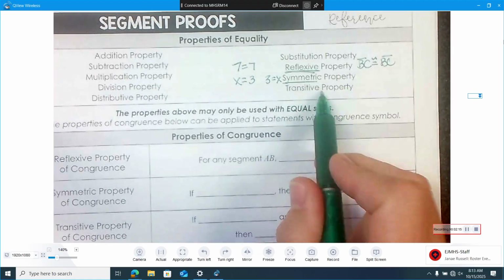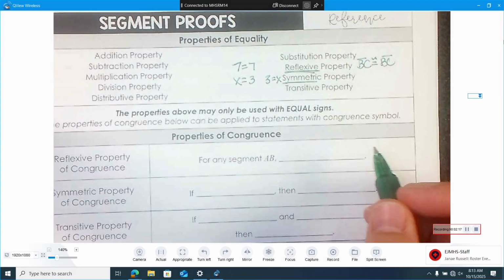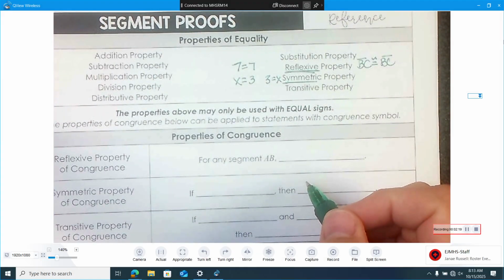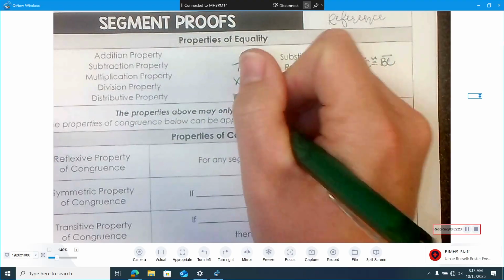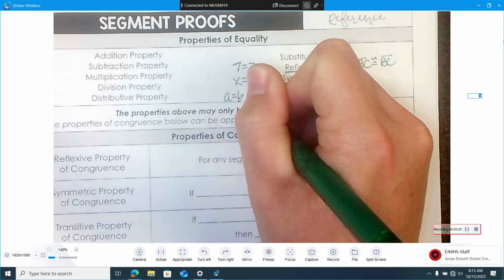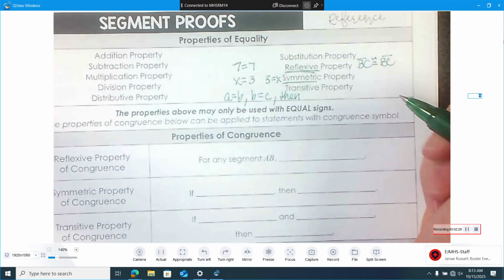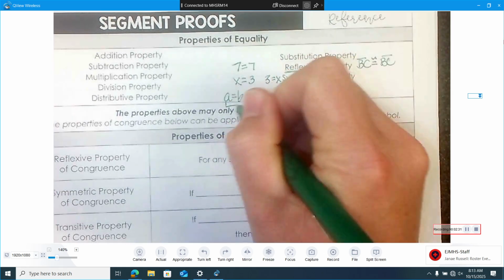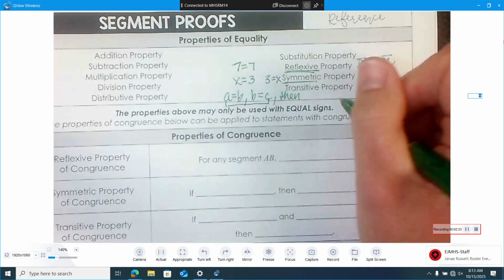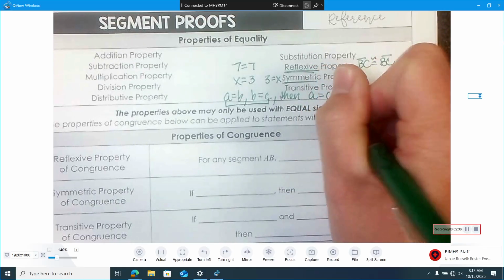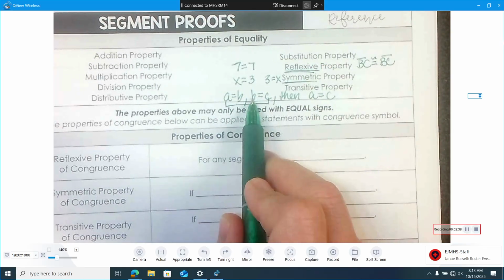What's the transitive property? That's a new one. It says if A equals B and B equals C, then A equals C. Yes, or C equals A, but yeah, then A is equal to C. So it has this sort of linking.